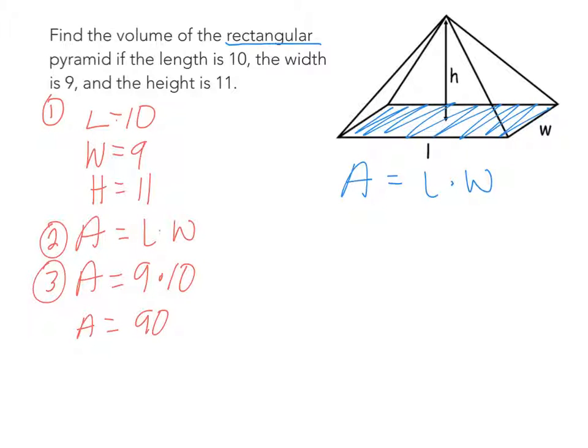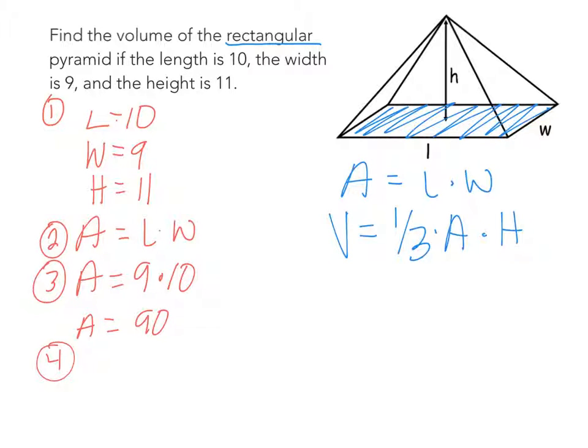Now I need to use my formula for volume. So the formula for volume is 1/3 the area of the base times the height. Okay, well, I just found the area of the base here. So I need to rewrite my formula and plug in what I know.